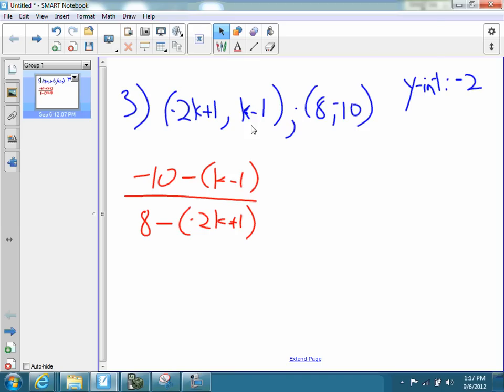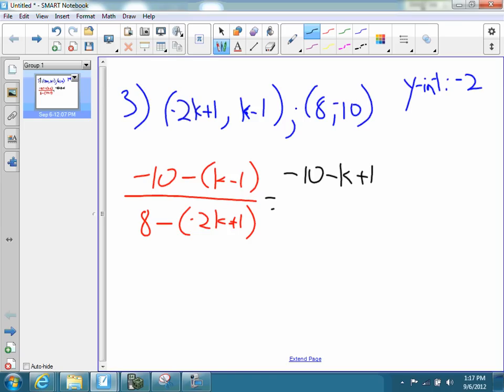Let's simplify it. That's the same thing as -10 minus k plus 1, divided by 8 minus 2k minus 1. I have to make sure I don't make any arithmetic errors here, because that'll mess up the whole thing.